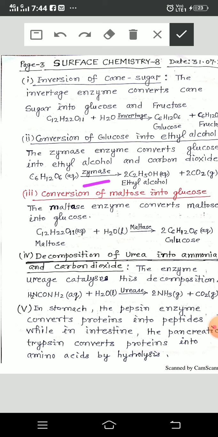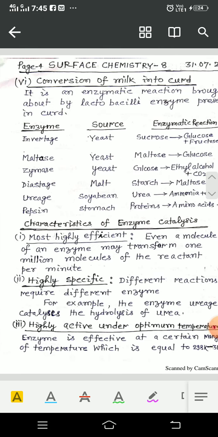Conversion of maltose into glucose. So maltase is another enzyme catalyst. Decomposition of urea into ammonia. So here urease is another type of enzyme catalyst. So in this way there are so many types of enzyme catalyst.